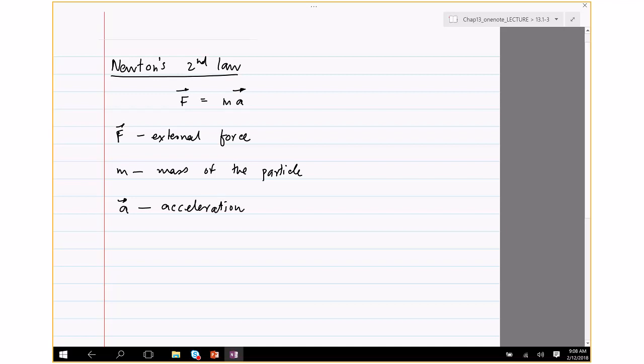Okay, we'll confine ourselves to two-dimensional motion. So acceleration is a vector in i j, and similarly force is a vector in the plane, so i j. So examples of external forces are gravity, just force acting on the particle, spring force, friction.